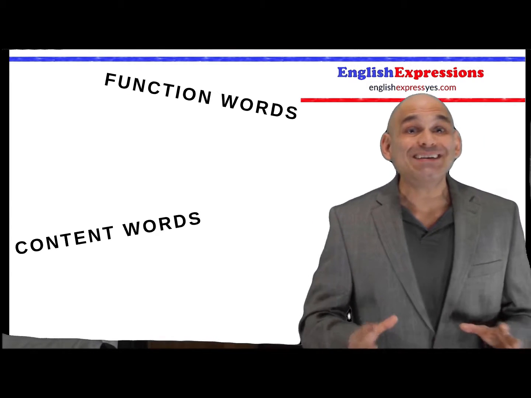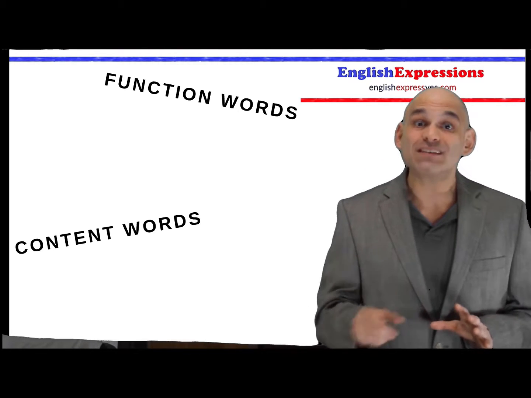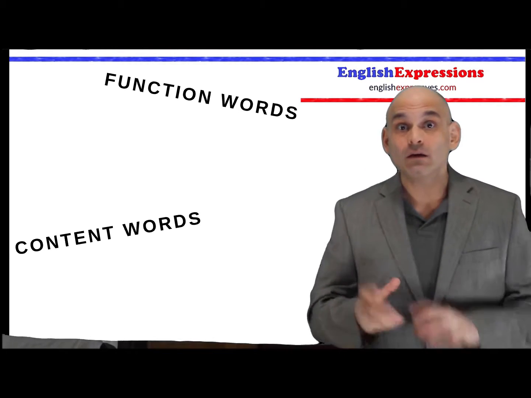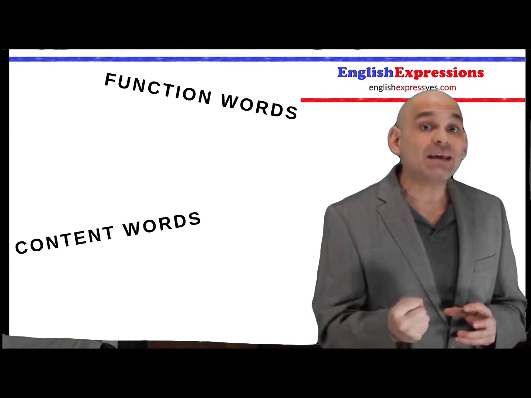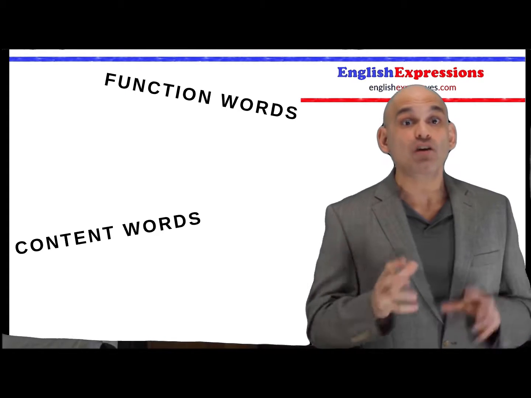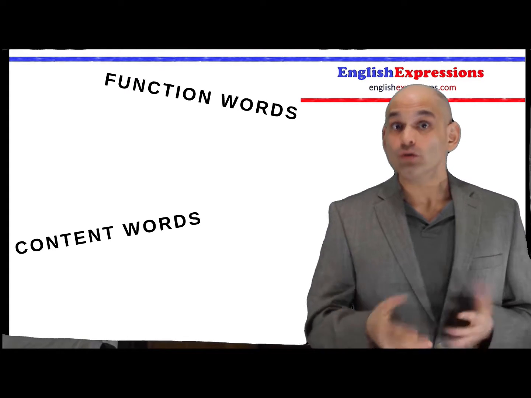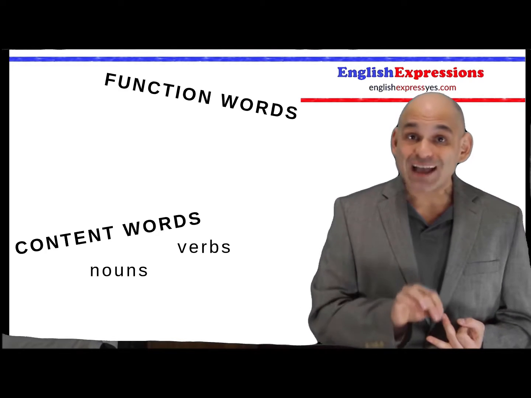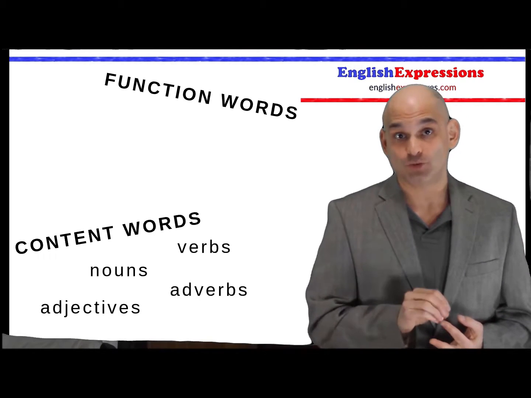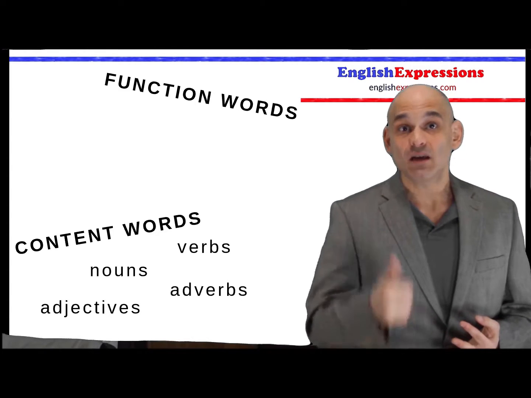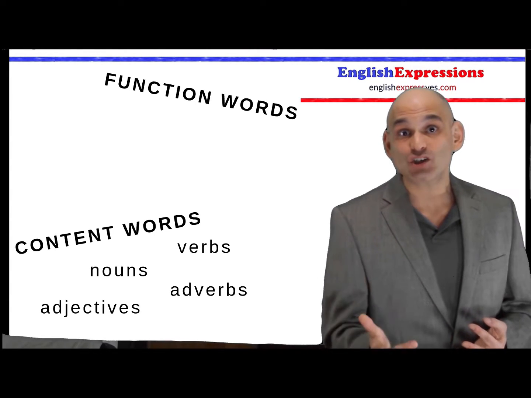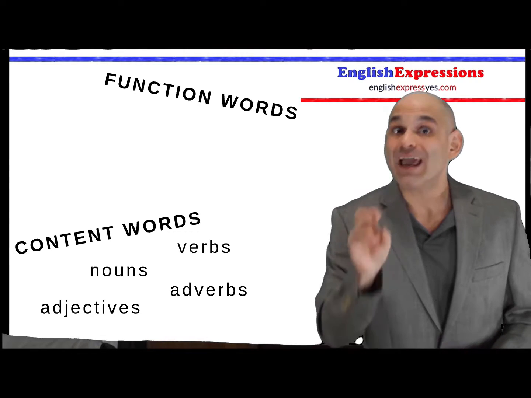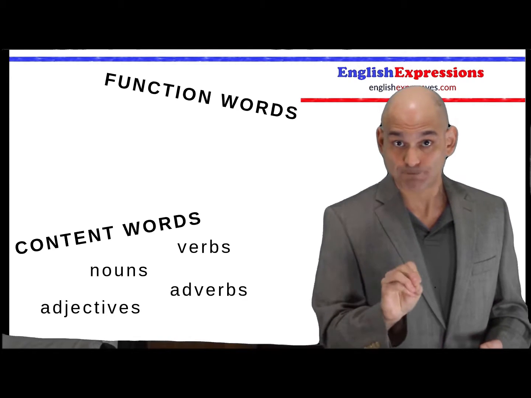And if we don't say them, or if we say them incorrectly, it could change the meaning of the sentence. So these words are very important. And they include nouns, main verbs, adjectives, and adverbs. We need to say nouns, main verbs, adjectives, and adverbs fully and properly when we speak English.